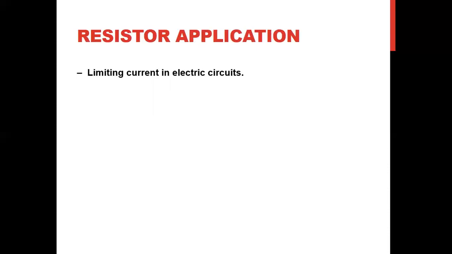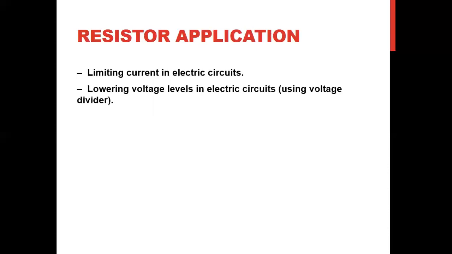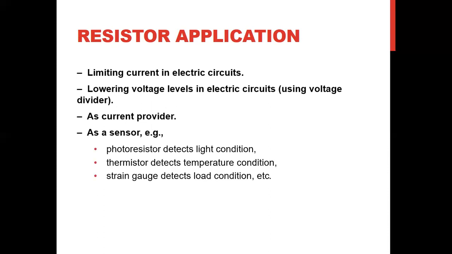Now the application is mainly limiting the current in an electric circuit or controlling the flow of electricity in a circuit. By doing that, lowering the voltage level in electric circuits. Sometimes we use a voltage divider. Also as a current provider, in a specific amount. It can be used as a sensor too.